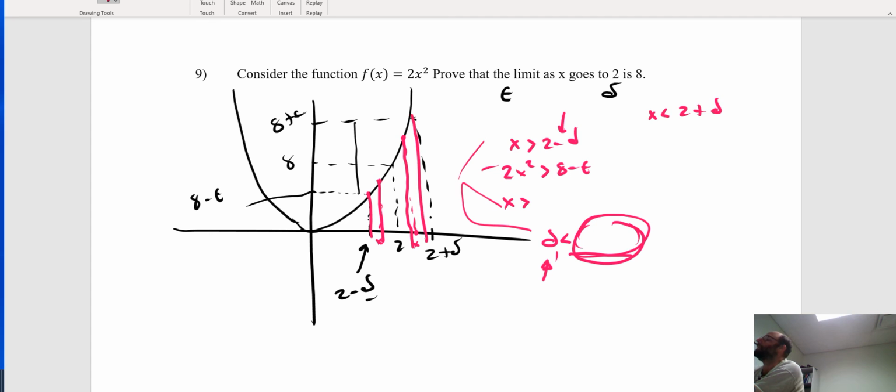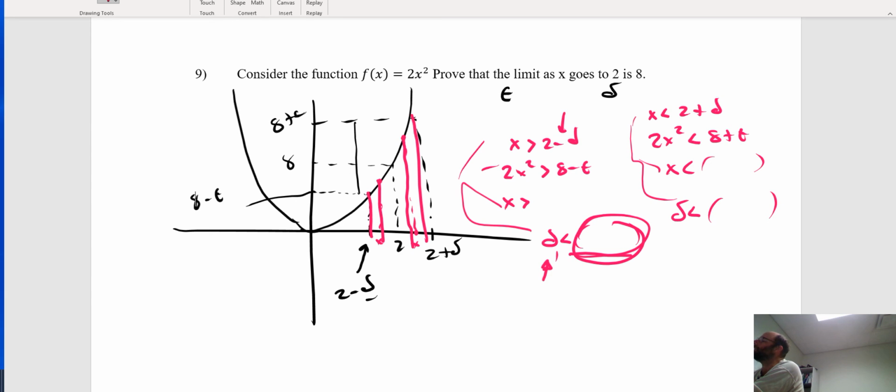That allows another inequality, which is our function, 2x squared, is less than 8 plus epsilon. Solve this one for x. You're going to get x less than some function of delta. Compare these two, and you can come up with an expression that says delta less than some function of epsilon.